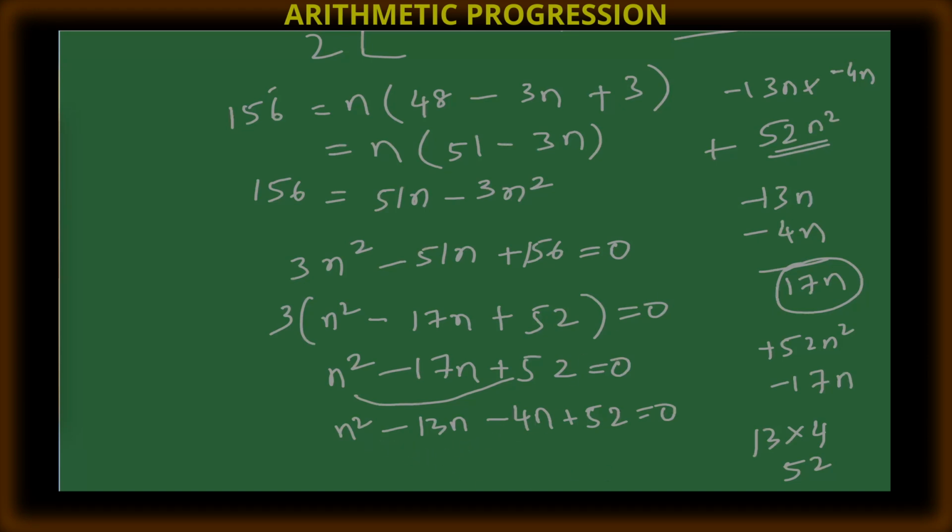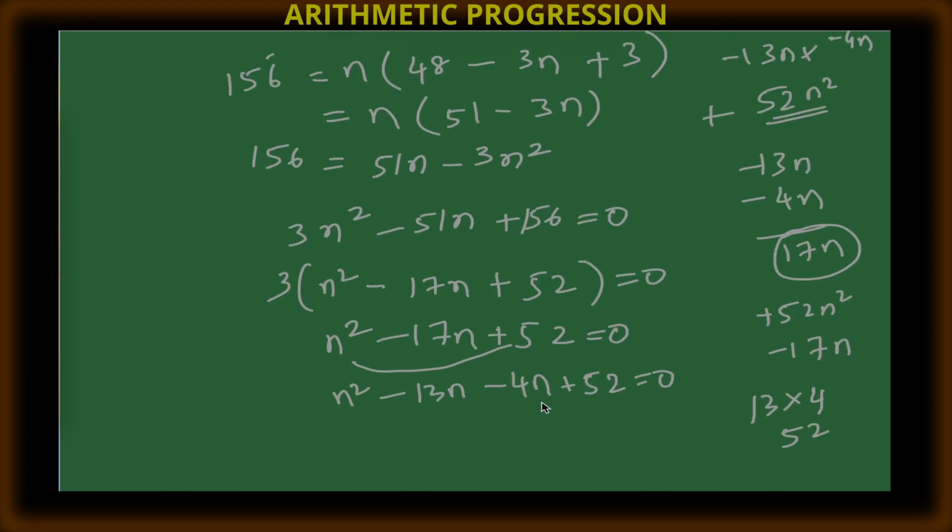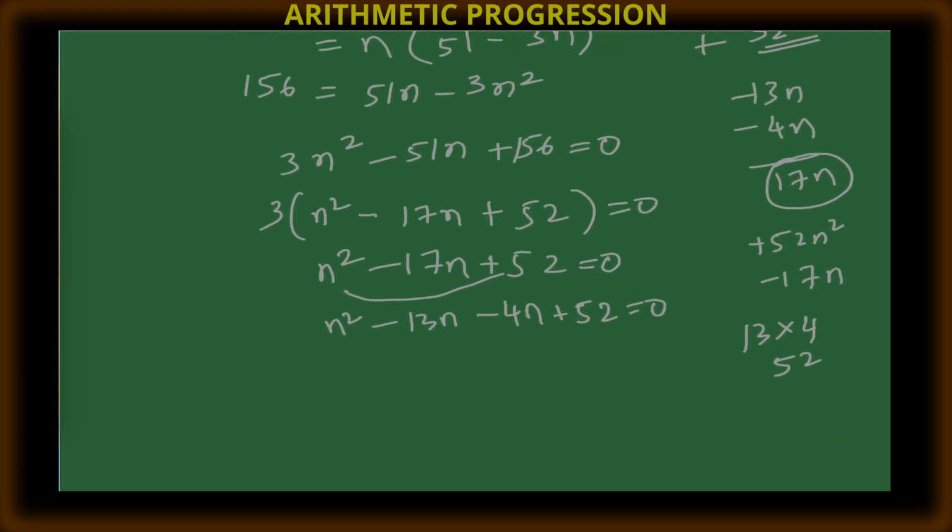So now let's try to solve it further. Okay, so let's take n minus 13 common, let's take 4, n minus into plus, minus into minus, okay, it becomes plus 13 is equal to 0.